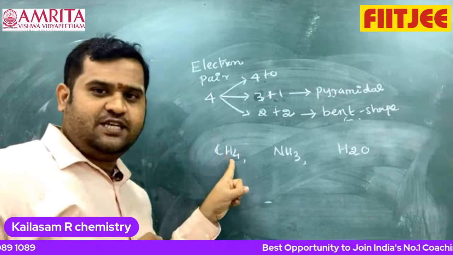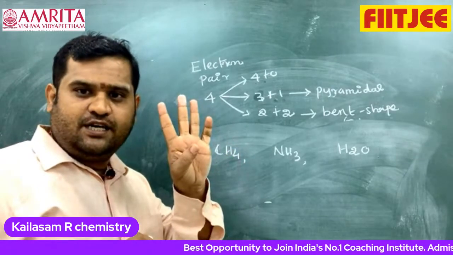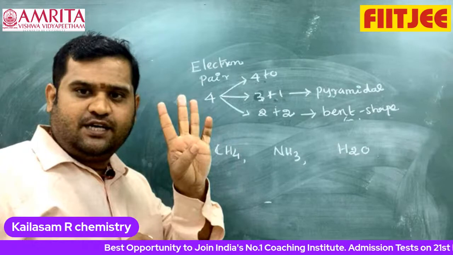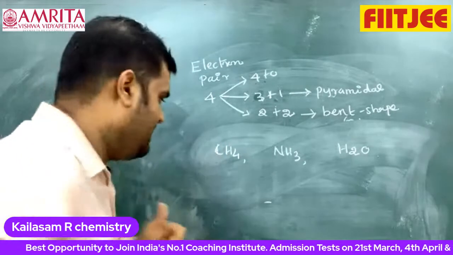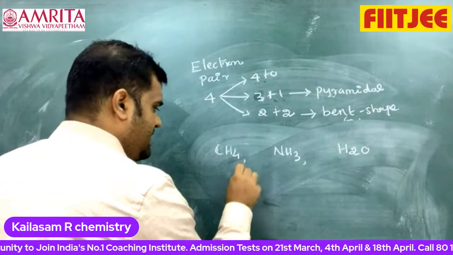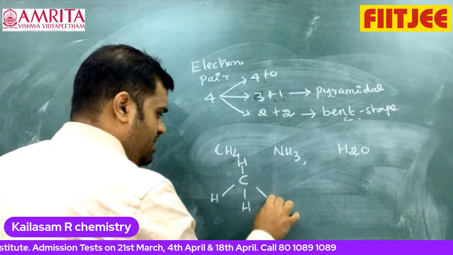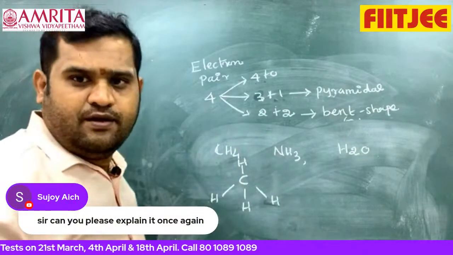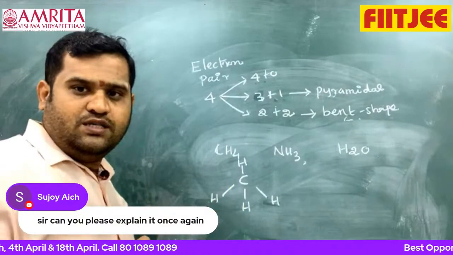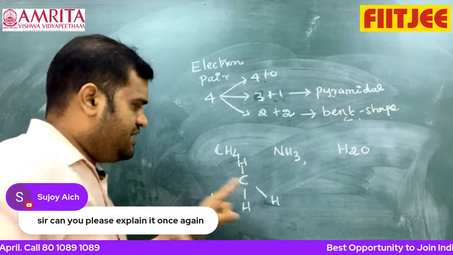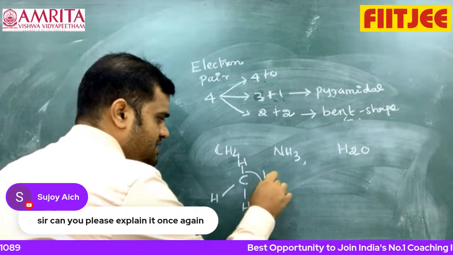How many hydrogens are there? 4 hydrogens, all forming bonds as a perfect tetrahedron. I am writing C, here is H, here is H, here also H, and here also one H. Now it's a tetrahedron. What is the bond angle between H-C-H? The bond angle is 109.